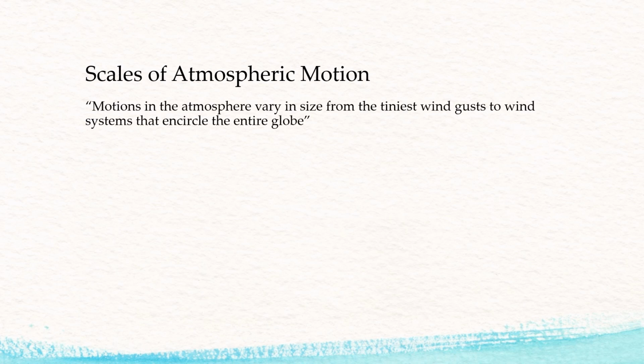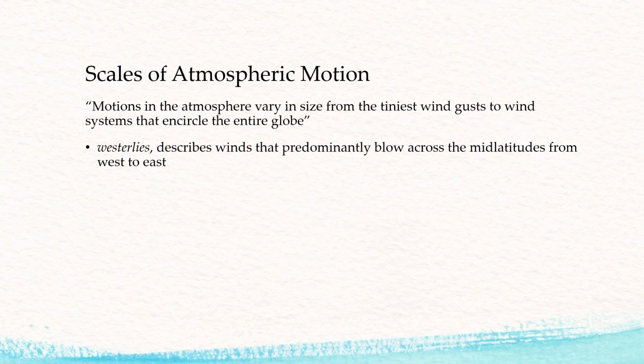And in general, motions in the atmosphere actually vary in size from the tiniest wind gust to the wind systems that encircle the entire globe. So, for example, the westerlies. We are familiar that winds were labeled by the name of where they are coming from.